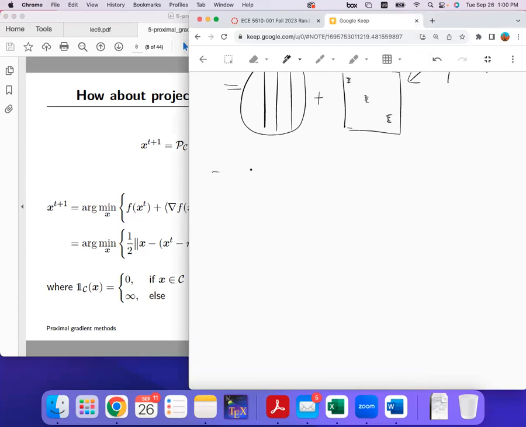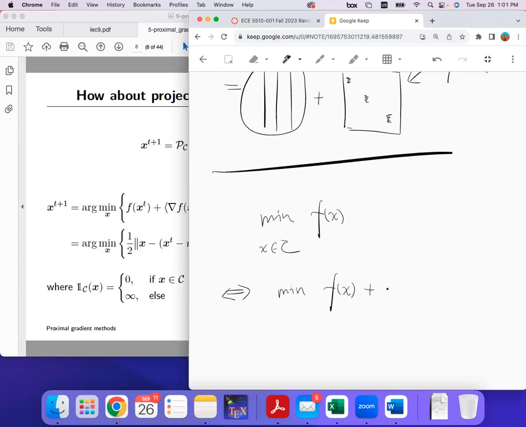Right. So basically, this is a simple trick. When we say minimize f(x) for x belongs to C, we can also add an indicator function and then get rid of this constraint. Okay. Previously it's the constrained version, but now it's the unconstrained version by introducing this indicator function.